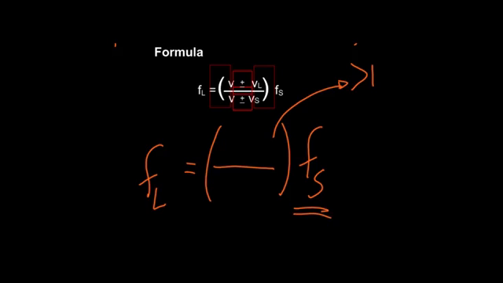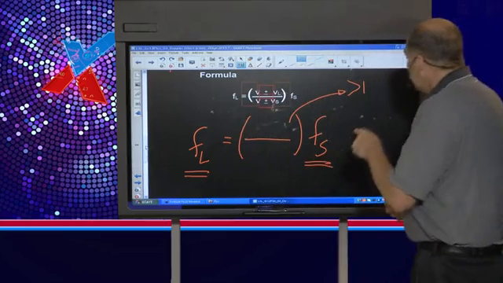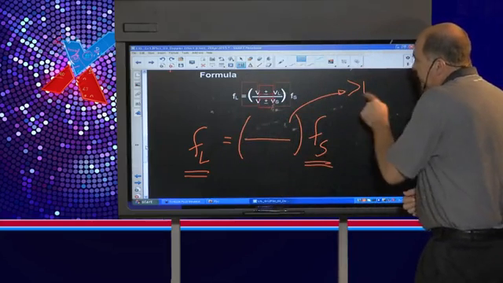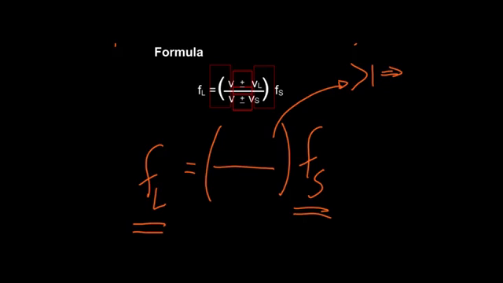What's that telling me about the frequency of the observer? Remember what we said? When the frequency is higher, then it's moving towards us. So when this number here is bigger than 1, then we can immediately say it's towards. I'm either moving towards the source or the source is moving towards me.